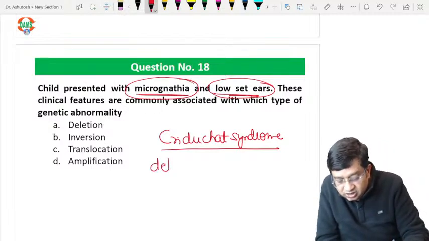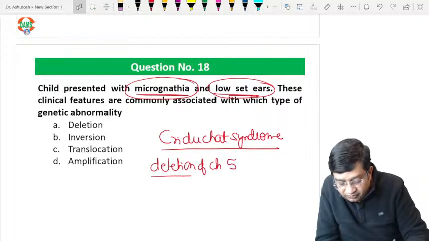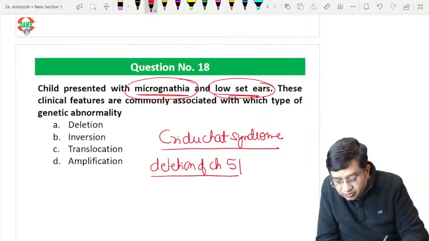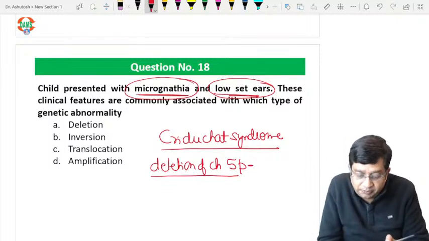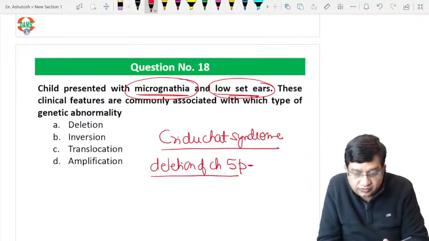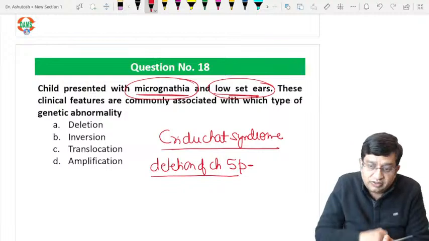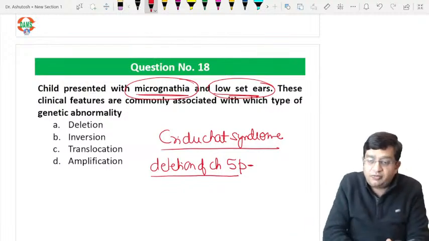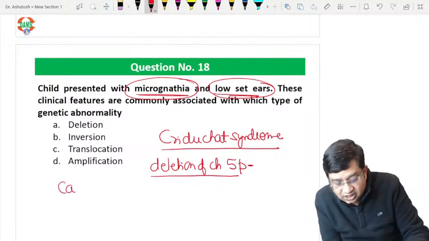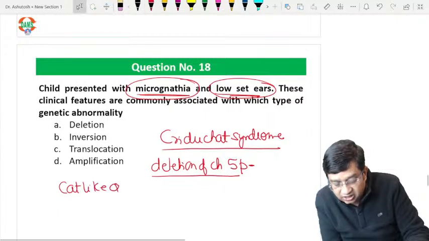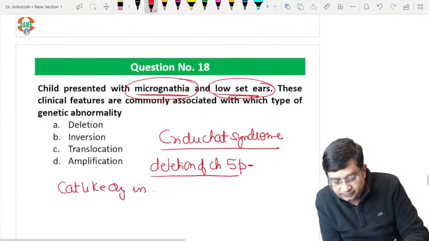And this is due to deletion of the short arm of chromosome 5, 5p minus. There is a cat-like cry in infancy.